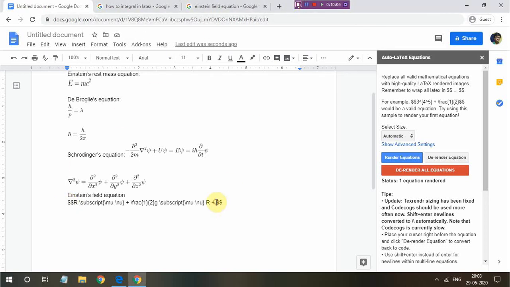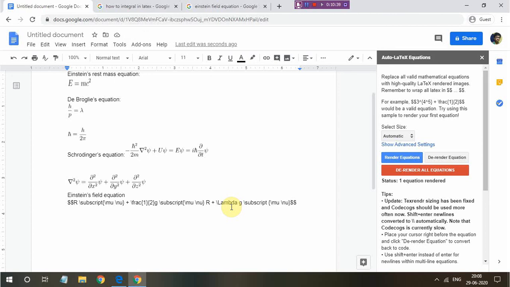So for that we can just type lambda with the capital L. So this trick would work. So plus half g mu nu R plus lambda g mu nu, where I give a space, g times in the subscript mu nu, always in curly brackets, and never forget this backslash before the Greek letters or before the command like subscript or whatever.